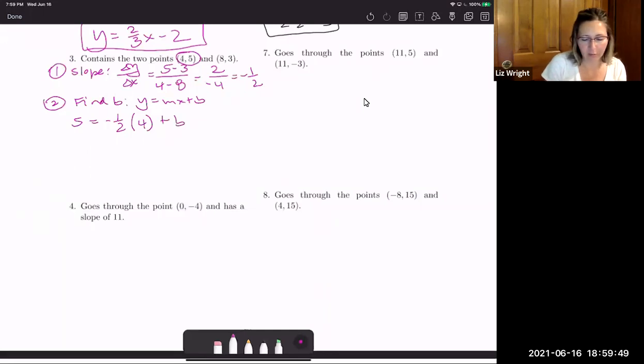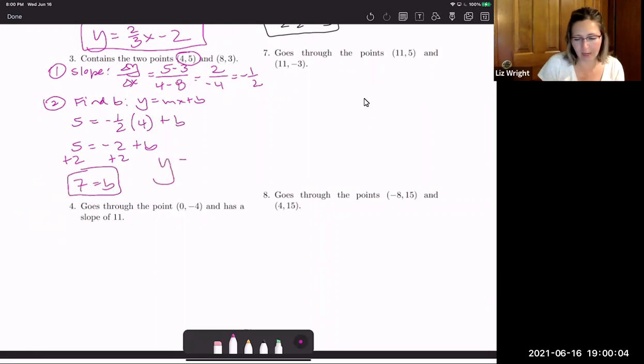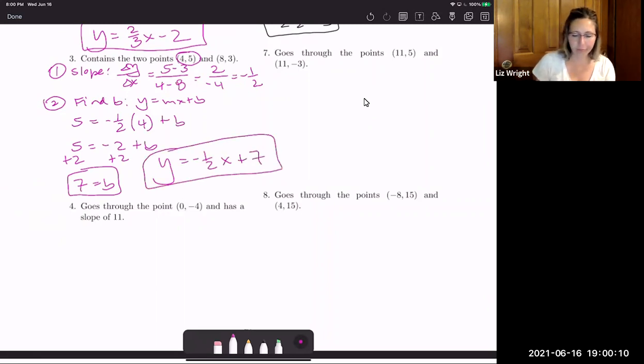So then we've got 5 equals, what's half of 4? It's 2 and it's negative. So it's going to be negative 2 plus b. Add the 2 over and 7 equals b. Then we're ready to write it all up and we say y equals negative 1/2 x plus 7. And it looks like that.